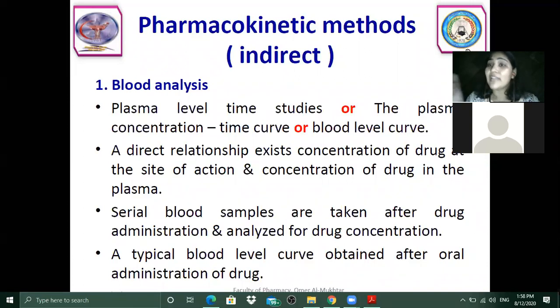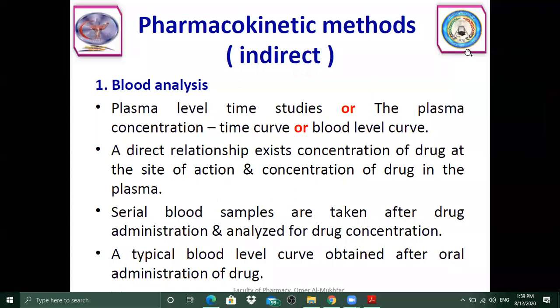Whether that data is matching your preclinical data and in vitro data that you have done in the past, that is what you will be determining. If it's matching, then it's well and good. If it's not matching, then you'll have to change the formulation and do the trial again.